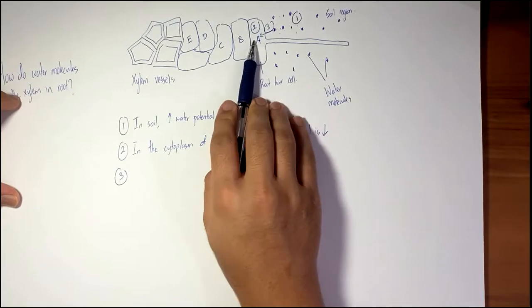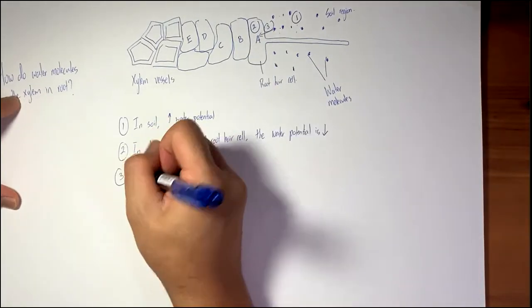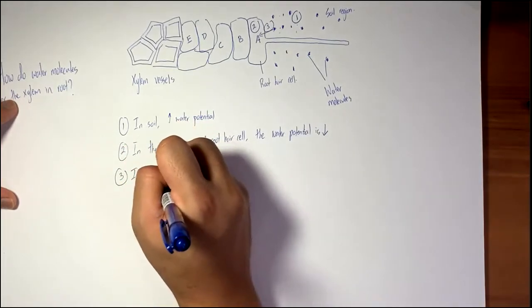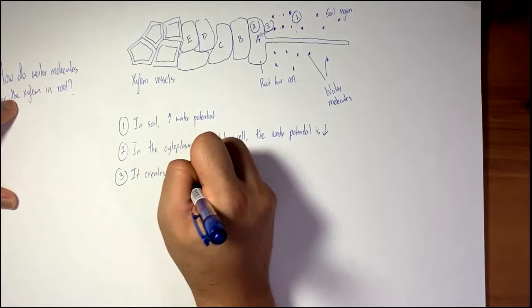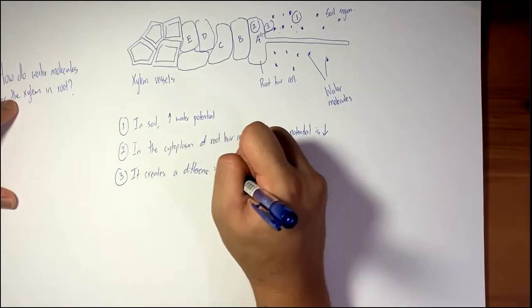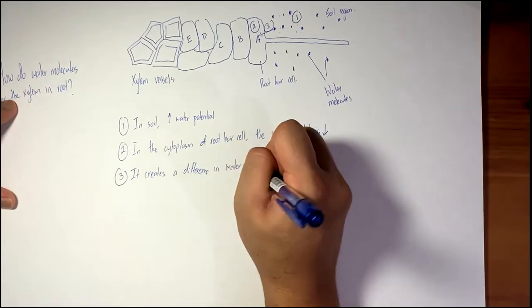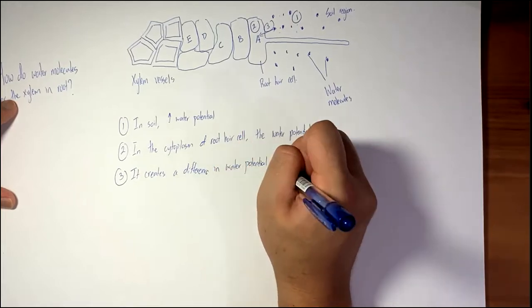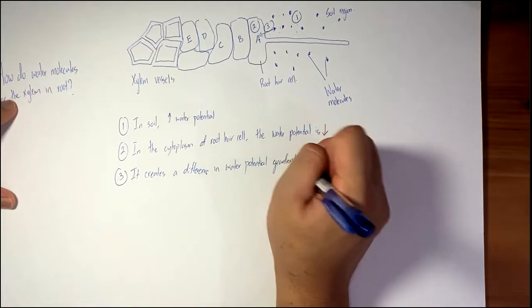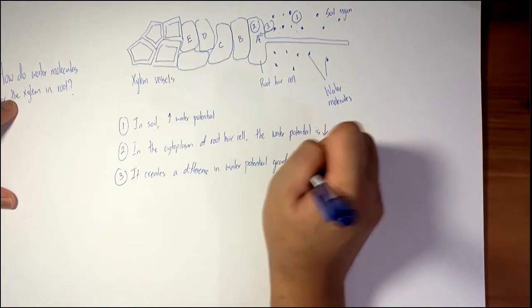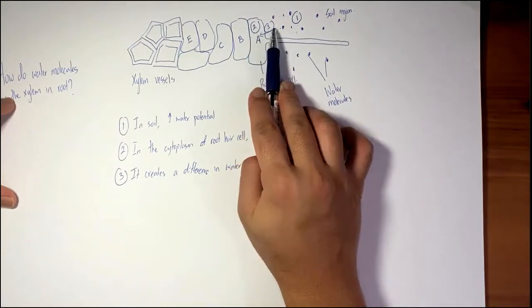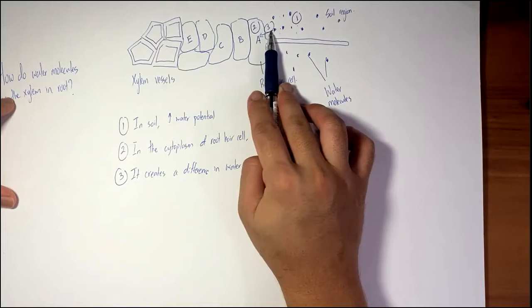it creates a difference in water potential gradient: outside is higher, inside is lower, so there is a difference in concentration gradient.